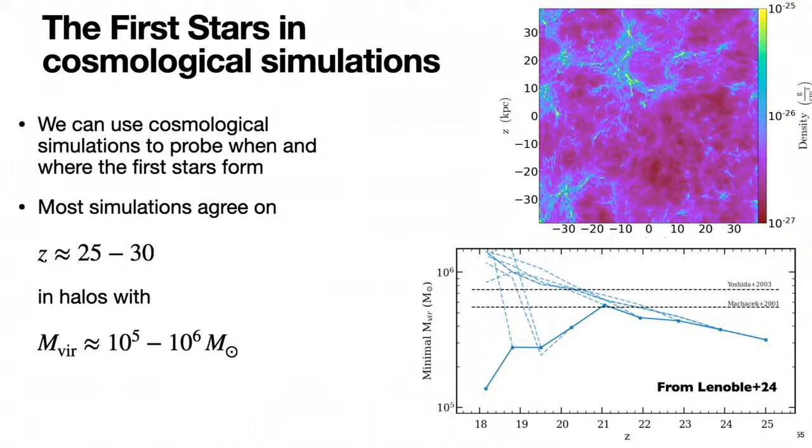This is done with simulations that include the chemistry necessary to form molecular hydrogen from no metals, from deuterium. But you don't track the final collapse of the clouds. You track until the cloud is unstable, and then you stop your simulation and find where these clouds form.